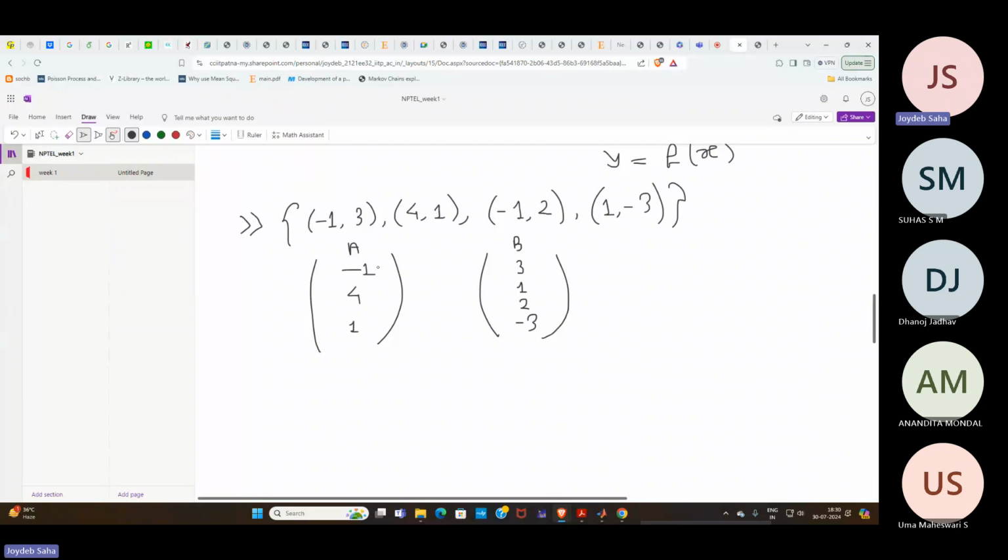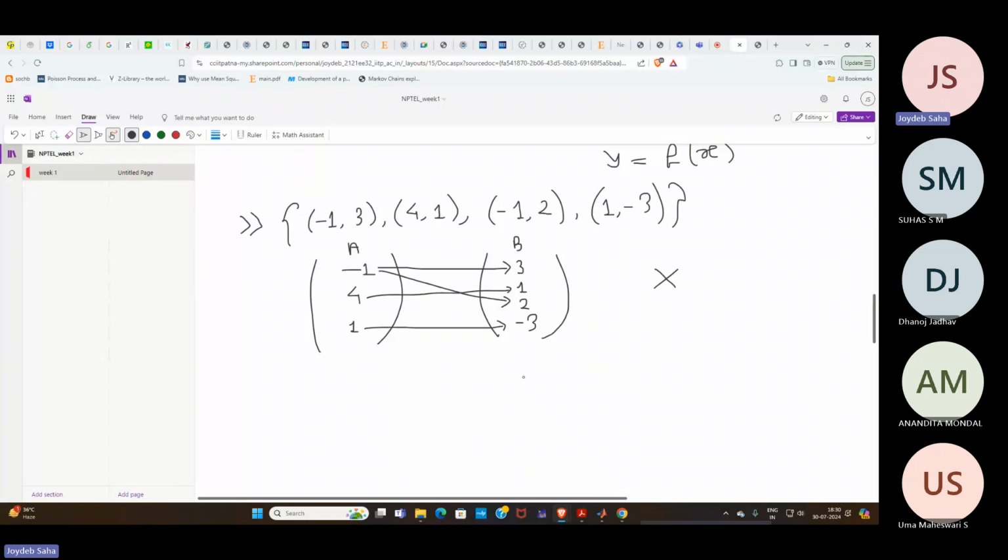So from -1, there are 2 images, 3 and 2. 4 is mapped with 1 and 1 is mapped with -3. So again, this is not a function, or this is not following the rule of a function, right? So we'll cross this.